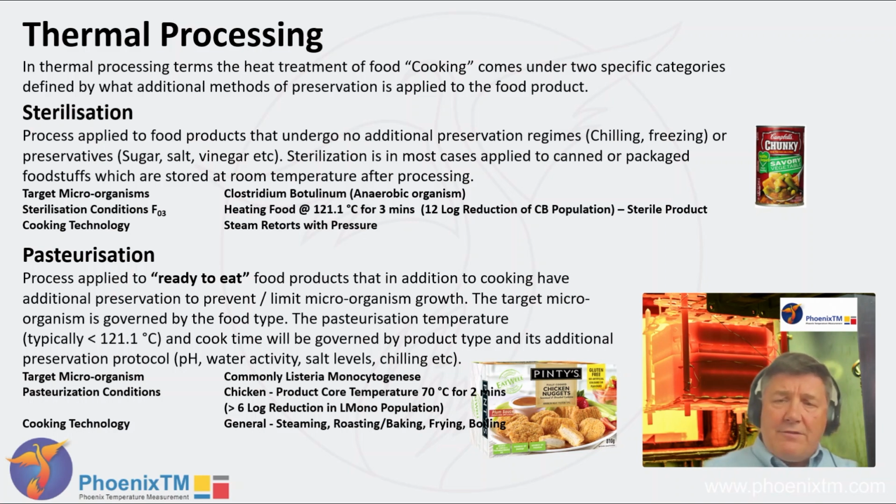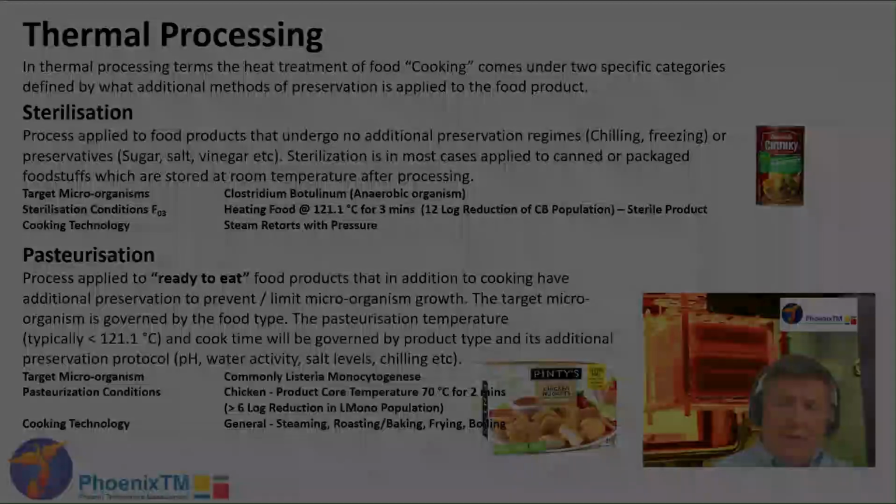The maths associated with lethality is all based around proving statistically that the product has achieved a thermal cooking process conditions that will render it safe for consumption, because the microorganisms under those conditions are statistically going to be killed within the cook process.